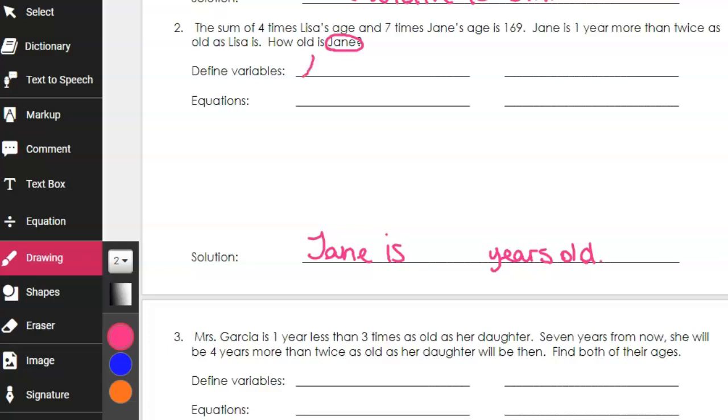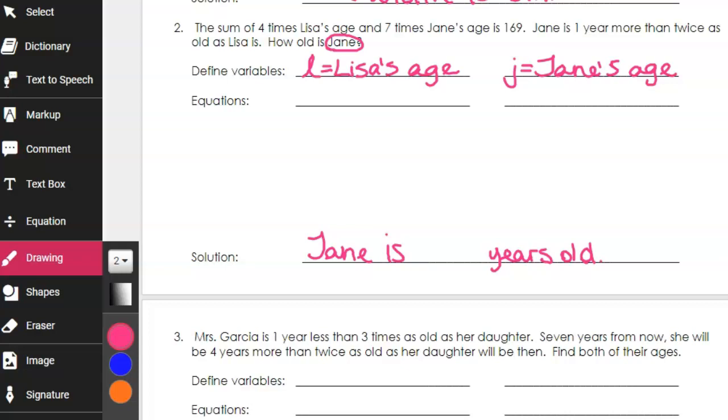So maybe we'll make L Lisa's age. And maybe we will make J Jane's age. You may notice that even though Lisa and Jane are proper names and the letters are capitalized, L and J, I didn't use a capital L and J for my variables, and that's because typically in math, capital variables are only used for formulas.